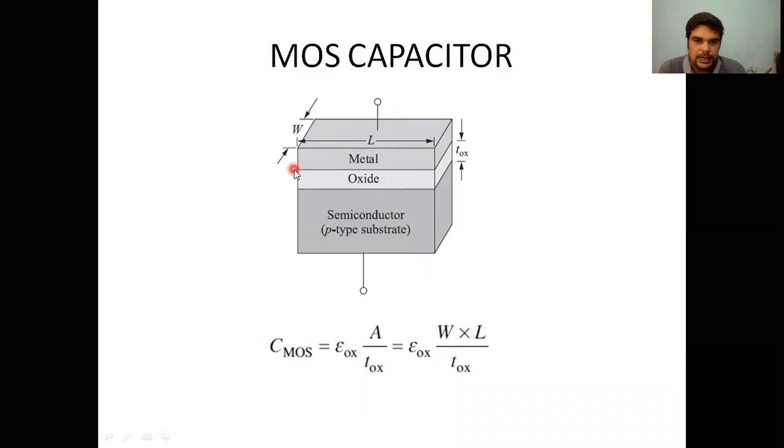These two, the metal and the p-type substrate, act as the plates of the capacitor, and the oxide acts as the insulator, the dielectric material, between these plates.